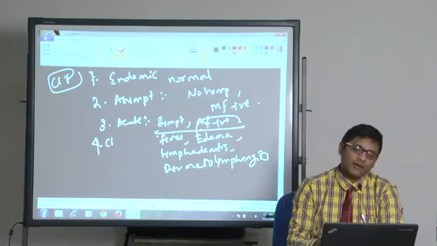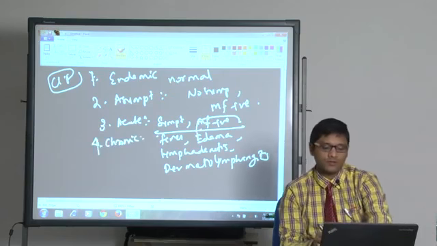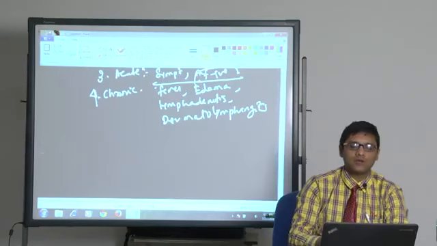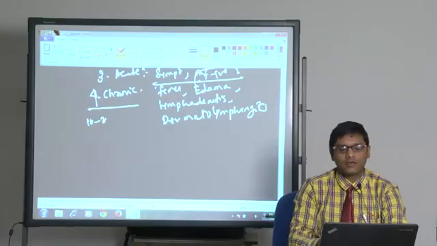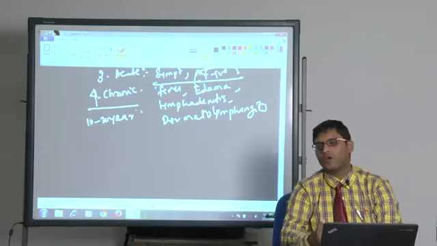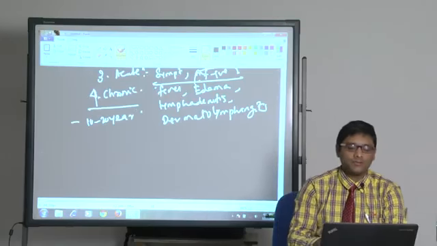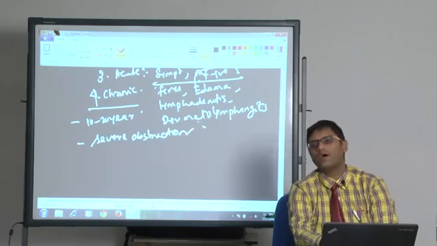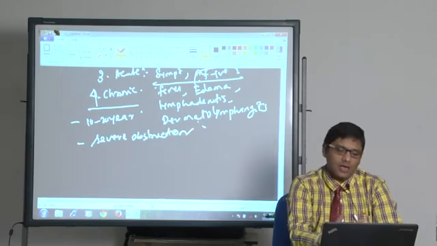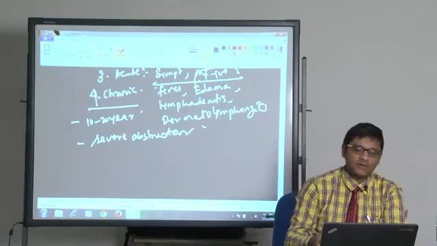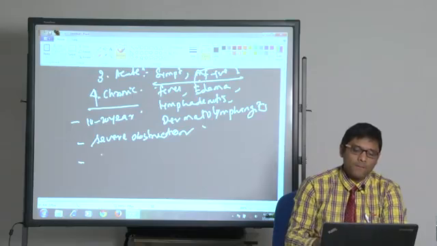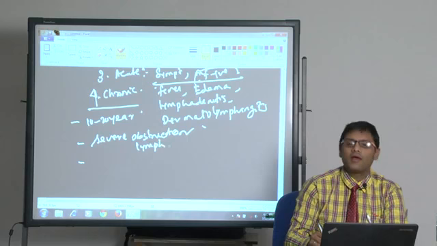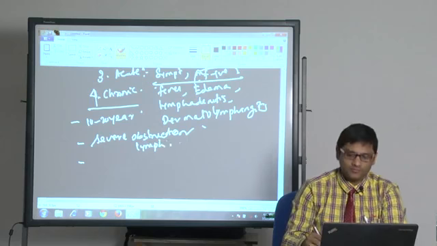Followed by chronic filariasis. Chronic filariasis occurs long after, they say 10 to 20 years after the acute filariasis, and here the pathogenesis is due to severe obstruction. The severe obstruction means the lymphatic vessels will be seriously obstructed, occluded.